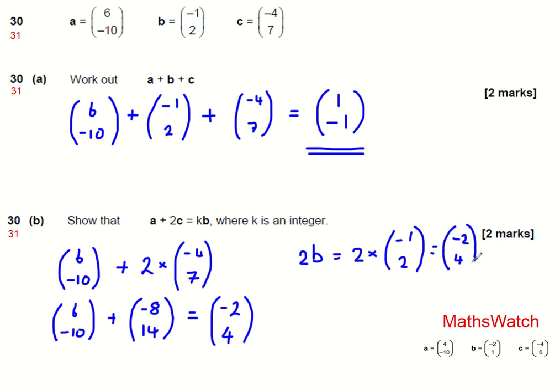So we have shown that A plus 2C is minus 2, 4, and that's equal to KB, which is basically saying that the value of K is this number 2.